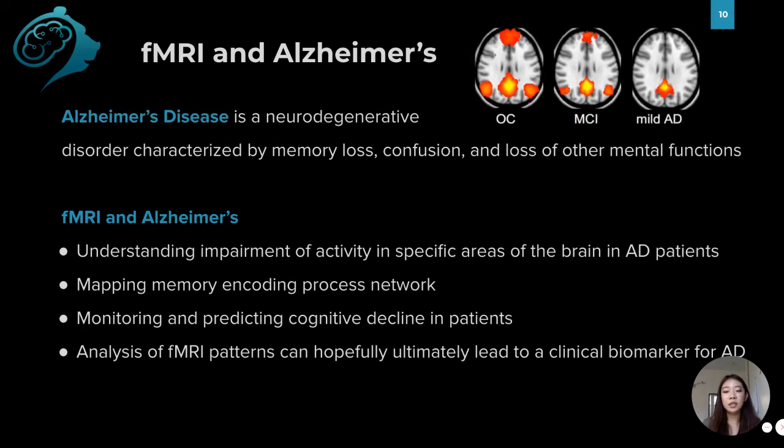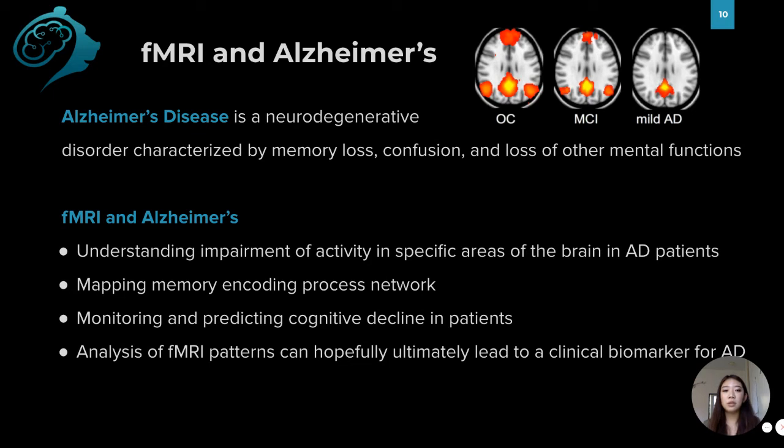And now on to fMRI and Alzheimer's. Alzheimer's is a neurodegenerative disorder characterized by memory loss, confusion, and loss of other mental functions. You can see up here, here's an fMRI comparing a control patient to a mild Alzheimer's disease patient. fMRI has been used in Alzheimer's to better understand impairment of activity in specific areas of the brain, especially during memory tasks in Alzheimer's patients.